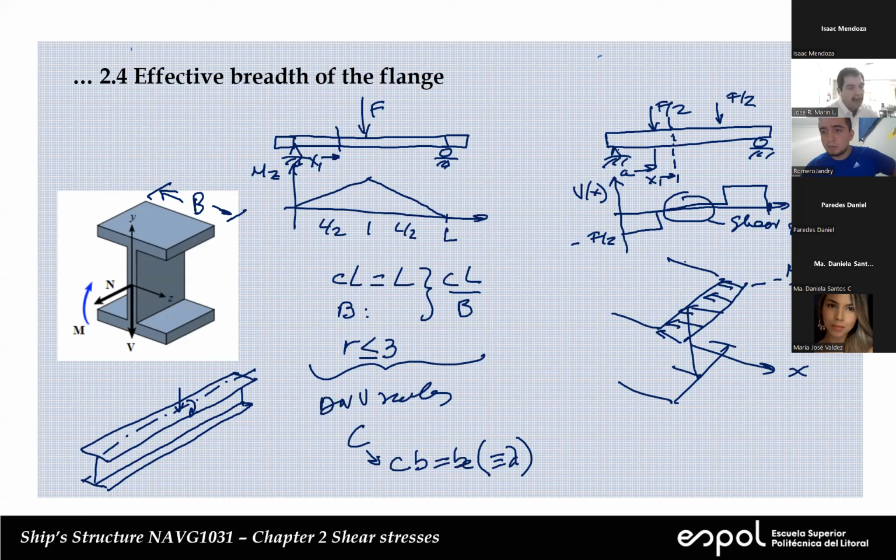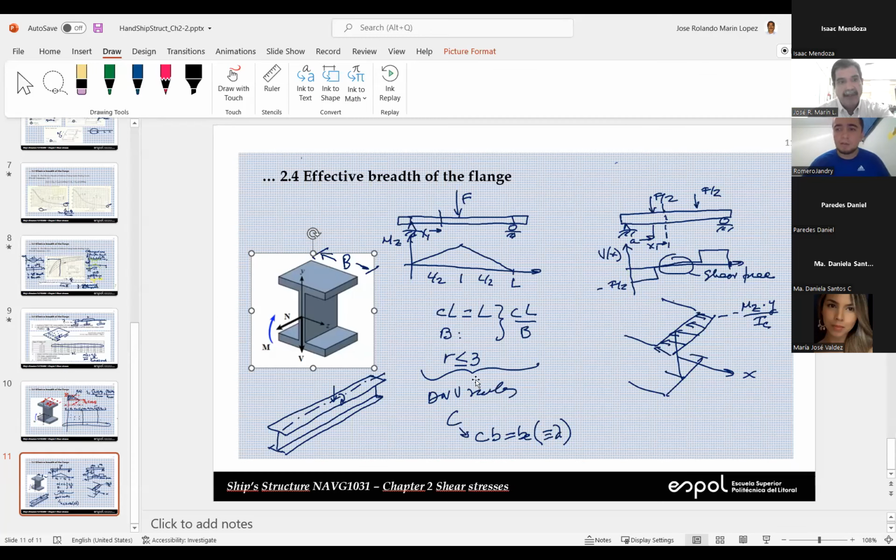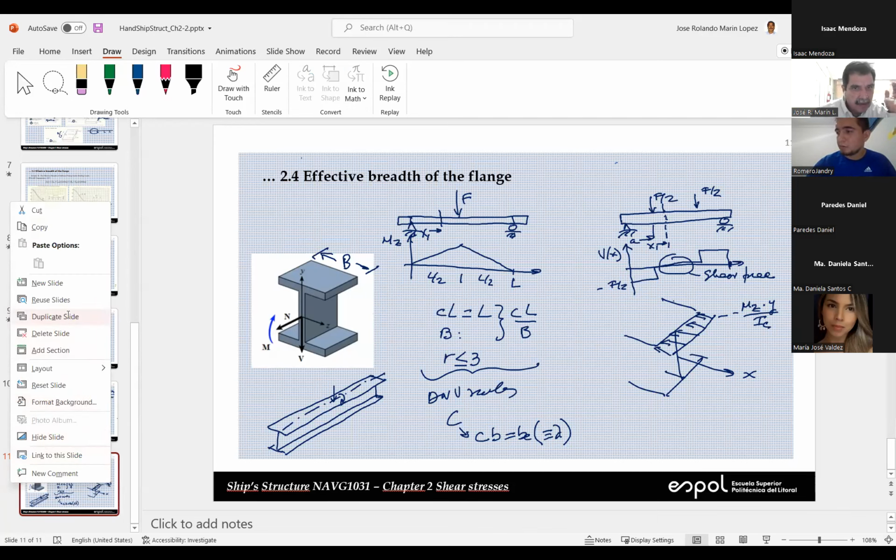That's the reason why, that's what I'm talking about right now. I'm talking about the calculation of the effective breadth. Okay, are you talking about the second part of the?